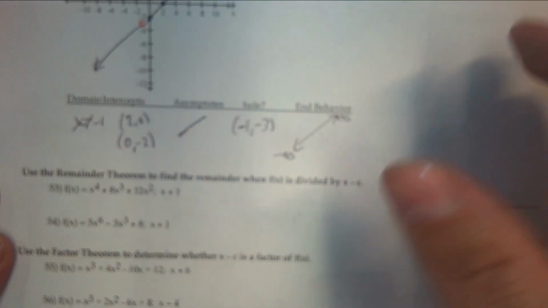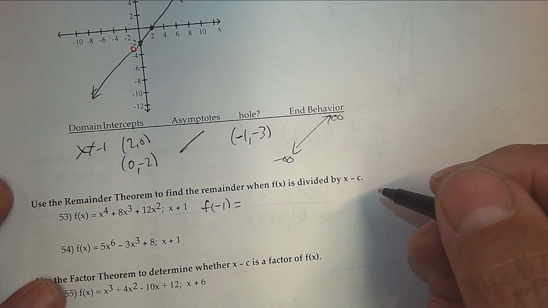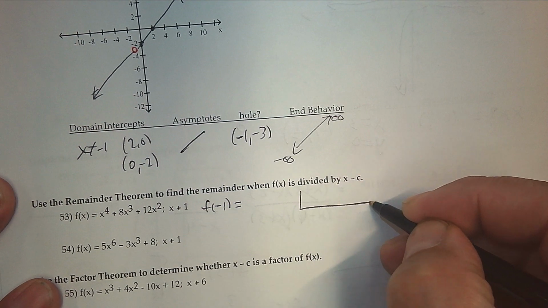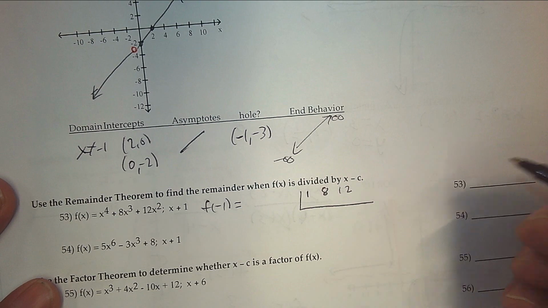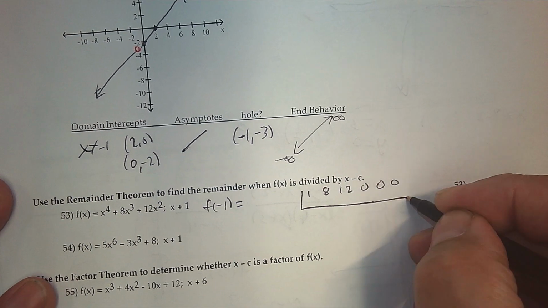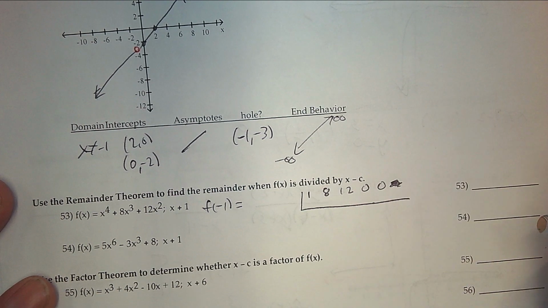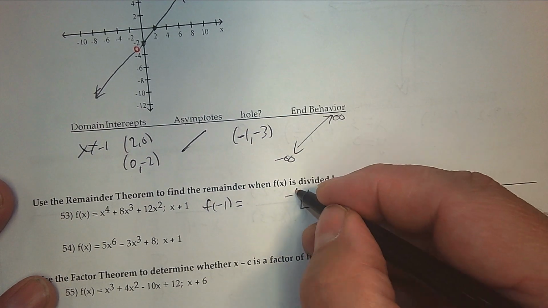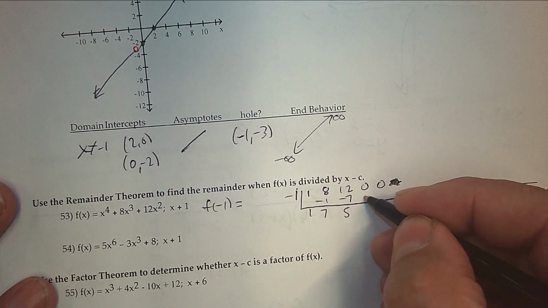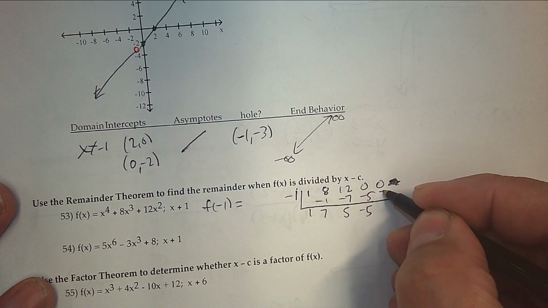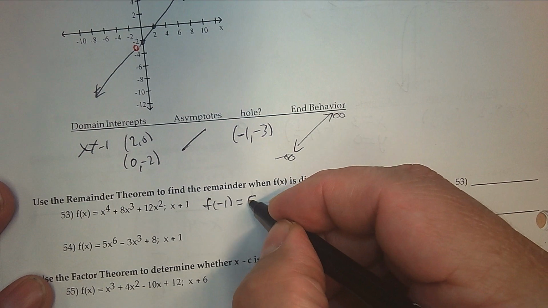All right, use the remainder theorem to do the substitution. So if I'm going to do that, be careful of the missing terms. So, whoa, is that too many? That's too many. 2 zeros at the end. So negative 1. So the remainder is 5. So there's your answer.